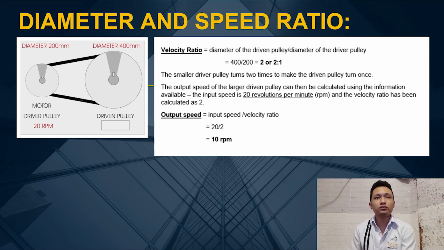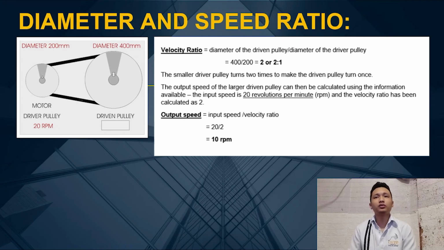So the driven pulley is 400 millimeters while the driver pulley is 200 millimeters. So 400 divided by 200 is 2, or 2:1.